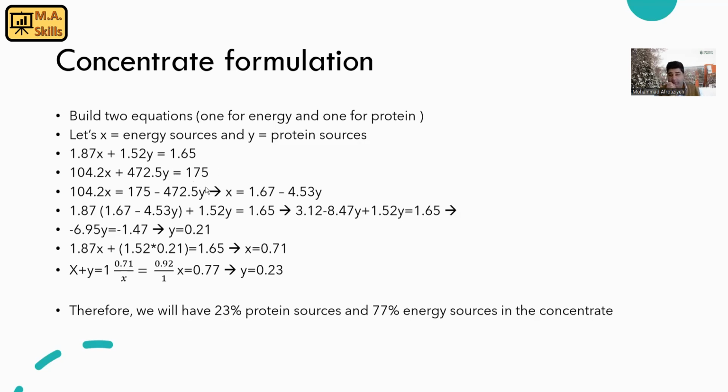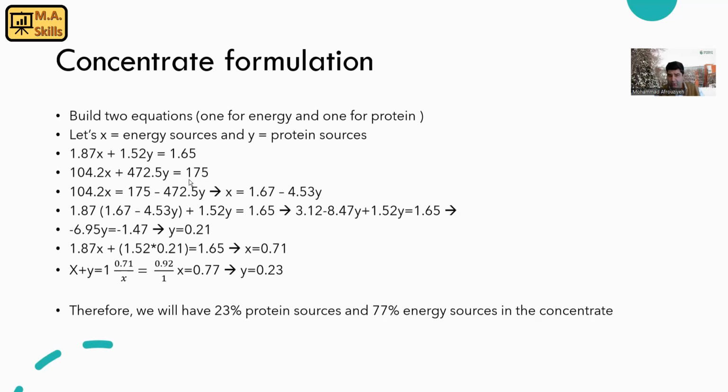Here there is a tip. You need to pay close attention to this. Your target value in each equation should be between the coefficients of X and Y. For example, here my target level for energy is 1.65. As you can see, 1.65 is located between 1.87 and 1.52. This is greater than 1.52, and this is smaller than 1.87. And it's the same idea for the protein level.